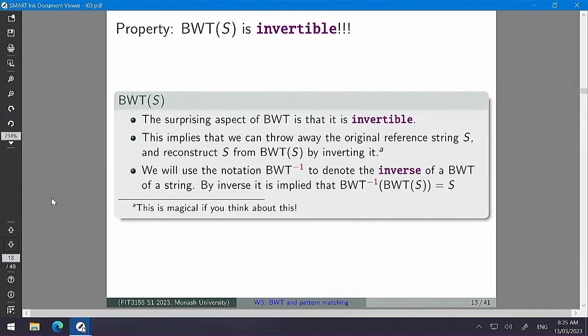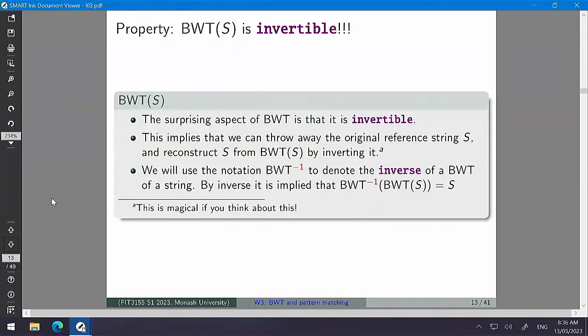I hope you appreciate one thing here. Think about a variable x in mathematics. You have a function on the variable, f of x. So y equals f of x is taking the value x and changing it into y, right? Now, when you do f inverse of y, you get back x, isn't it? So it's an invertible function.